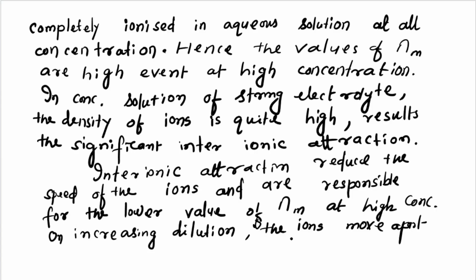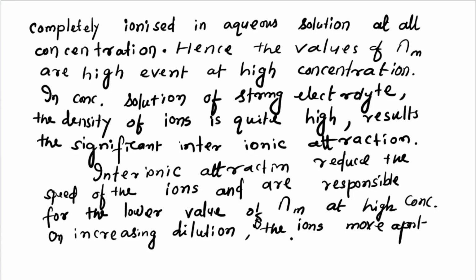Though they are completely ionized, there is strong interionic attraction between the ions, which reduces the speed of the ions. This is responsible for the low value of molar conductance at higher concentration.